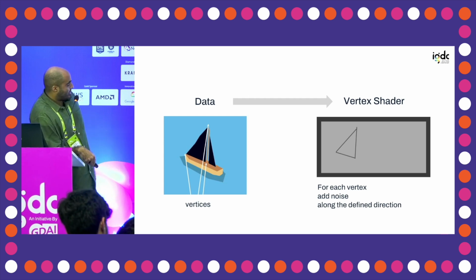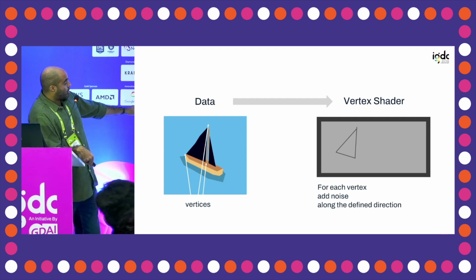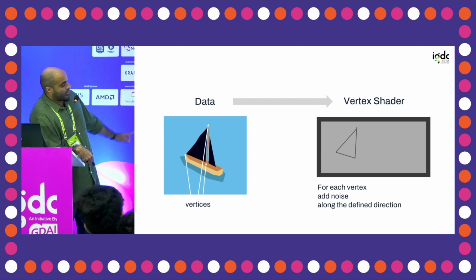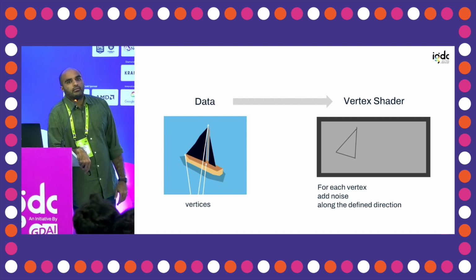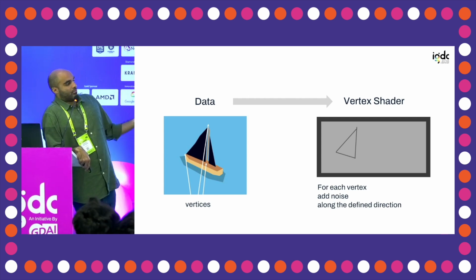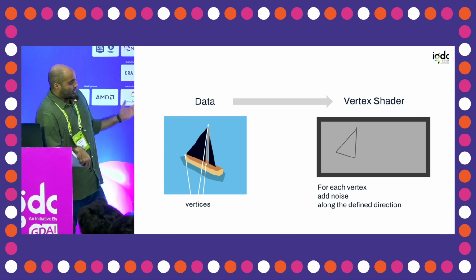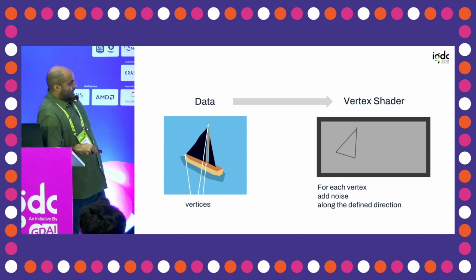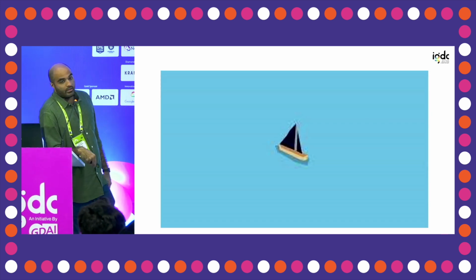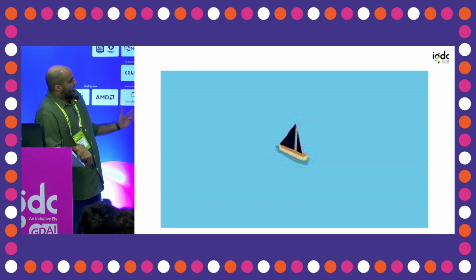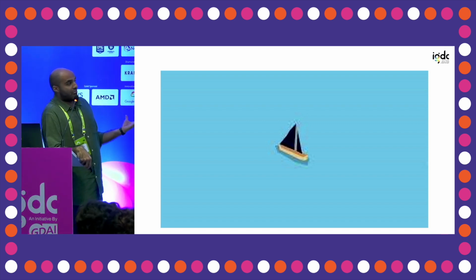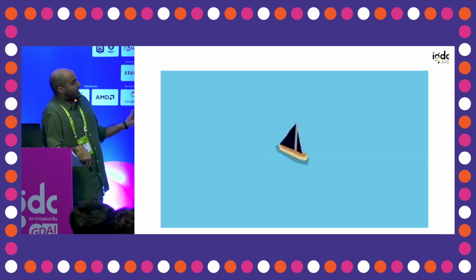When you have a sail that is just a triangle, when two ends are fixed and one is moving in a meaningful direction, it gives the illusion of movement. You can play the video. And this whole thing is a very powerful way to get life out of a very simple set of data, right?